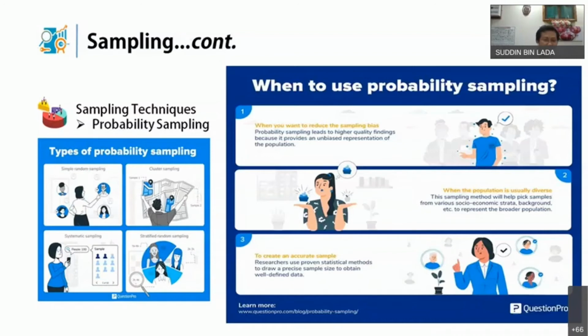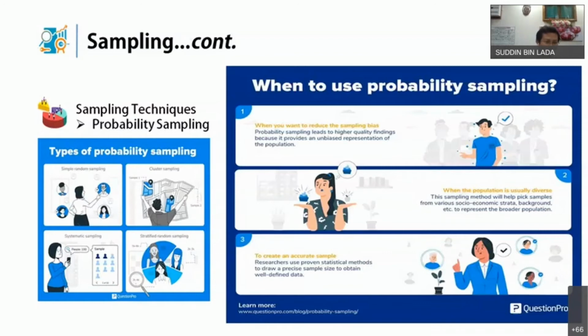Number 3, to create an accurate sample, by using systematic, for instance, or using cluster. We are dividing into a few groups. So these are 3 reasons when to use probability sampling.